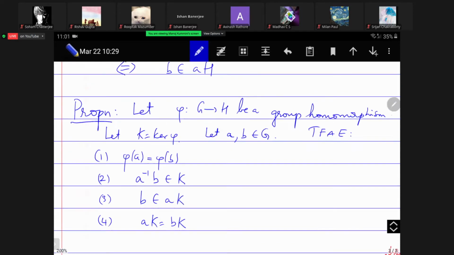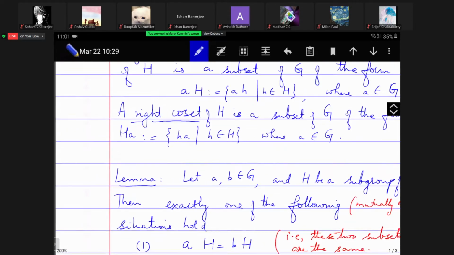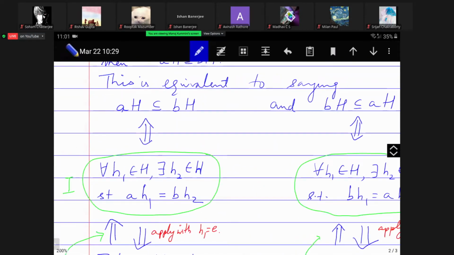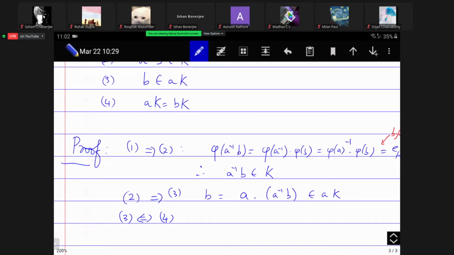And three if and only if four follows from the previous proposition, or lemma. Because B is inside AK, which means their intersection is non-empty, and therefore they're equal. Follows from the previous lemma.